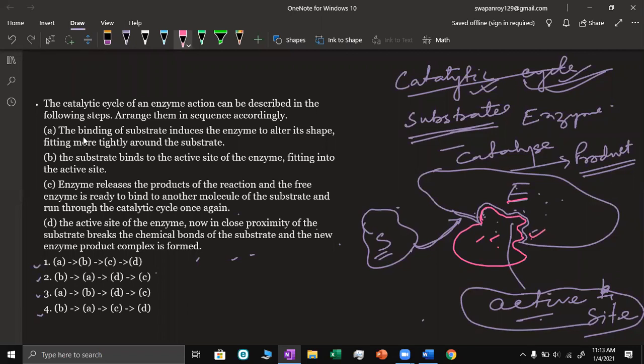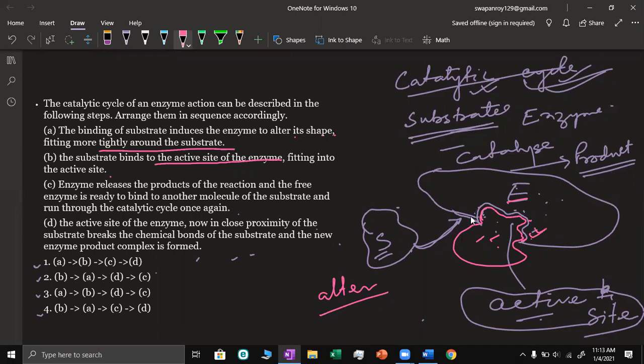This is the binding of substrate. First, the substrate binds to the active site of the enzyme, fitting into the active site, and next it induces the enzyme to alter its shape. After binding, the enzyme slightly alters its shape, fitting more tightly around the substrate.